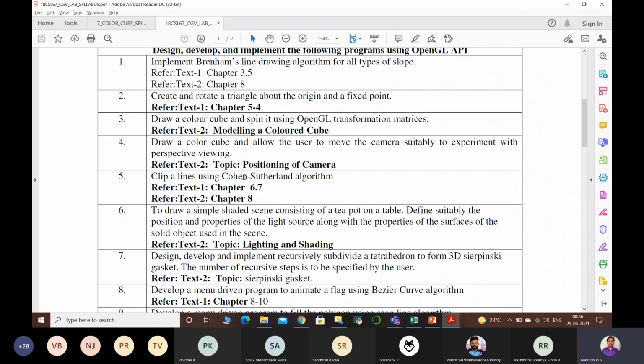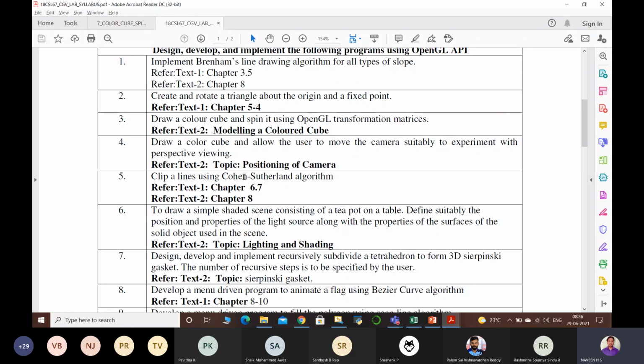The user has to move the camera in different directions and observe the object. So the object will be static and your camera is moving.